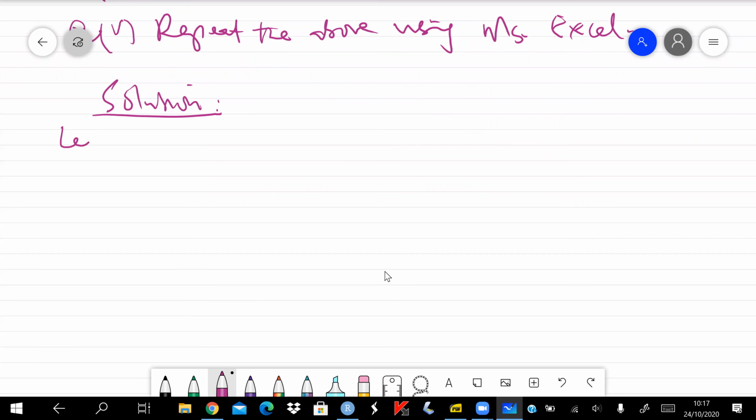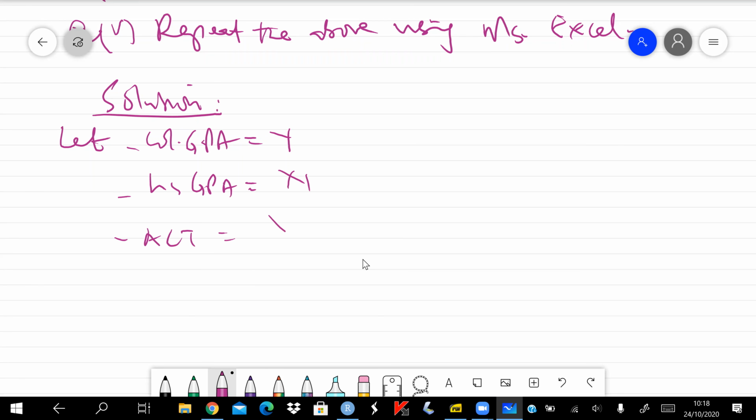We can let the college GPA, for the sake of convenience, be denoted by Y. Then high school GPA, we can let that be denoted by X1. Then SAT, let that be denoted by X2.